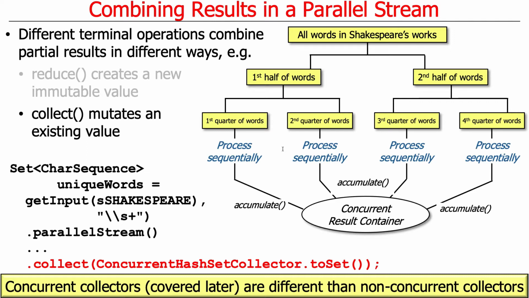So if you were to use, say, a concurrent hash set collector, then all of this merging would take place on one and only one set.